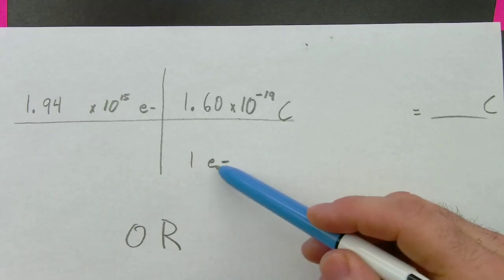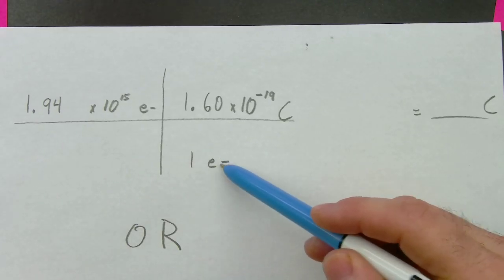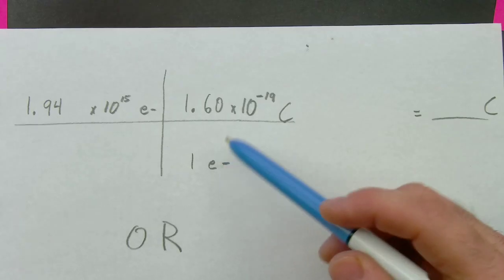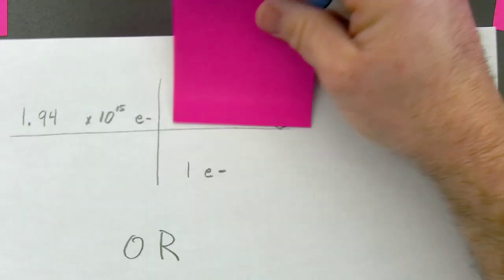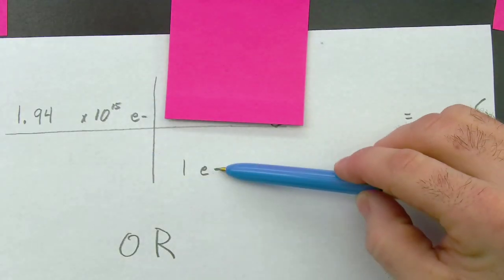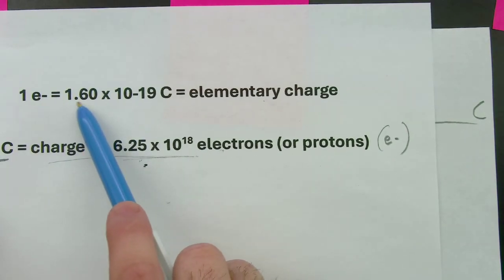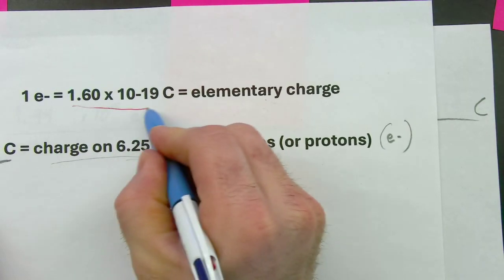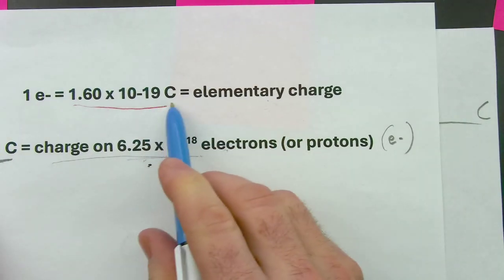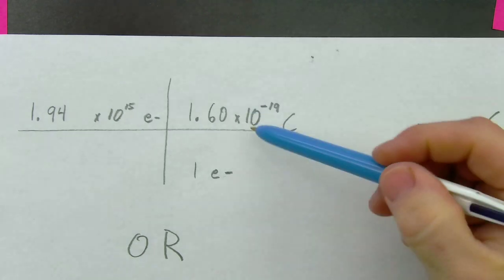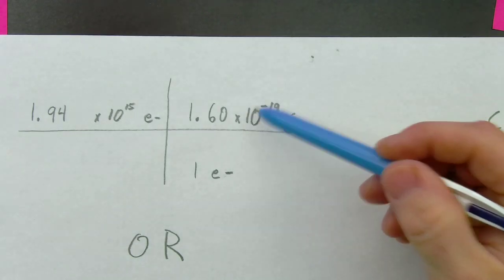Since we put elementary charges here, if I want to cancel them out, you could say, well, what does 1 elementary charge equal? Well, it equals 1.6 times 10 to the negative 19th coulombs. And that's where this number came from up here, because these two things are equal to each other.